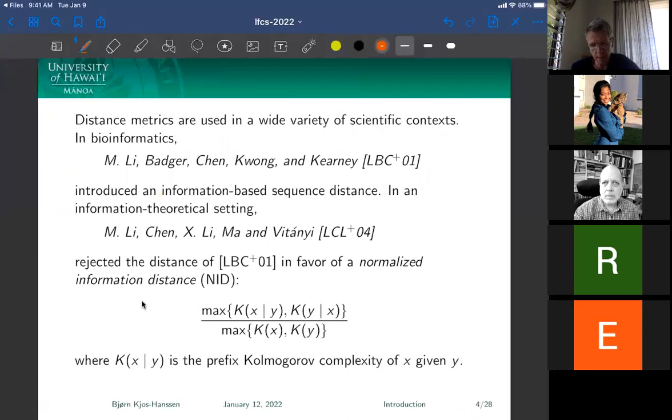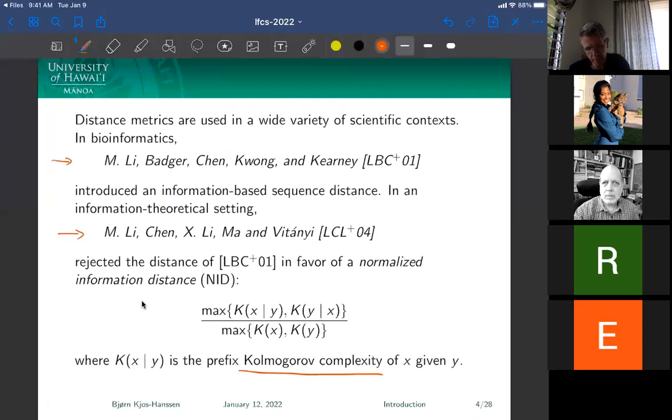Okay, so the history here is that there was one Kolmogorov complexity based measure that was introduced in 2001 in a bioinformatics journal. And then some of these computability theorists proposed a modification, and it looks like this.